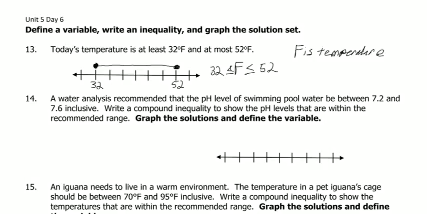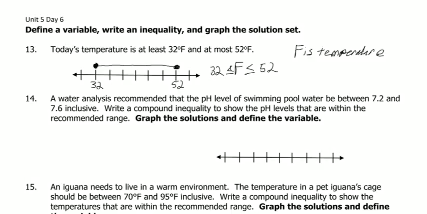Number 14, a water analysis recommended that the pH level of swimming pool water be between 7.2 and 7.6 inclusive. Write a compound inequality to show the pH levels that are within the recommended range.